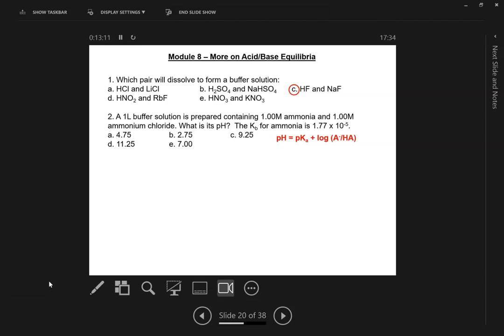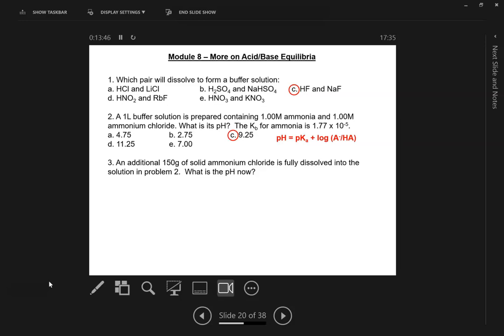So 1 over 1 is 1, and the logarithm of 1 is 0. And so now pH is just equal to pKa. So if I take the negative logarithm of 1.77 times 10 to the minus 5th, well, that's the Kb, not the Ka. So I need to take that number, add it to 14, and I get my final answer of 9.25. This will probably be the last one we'll have time to do.